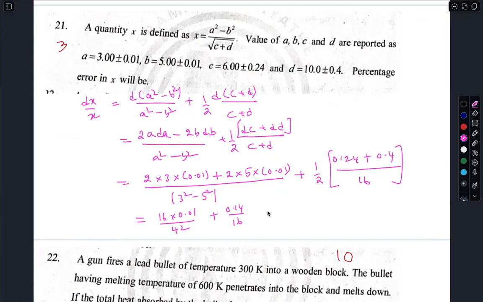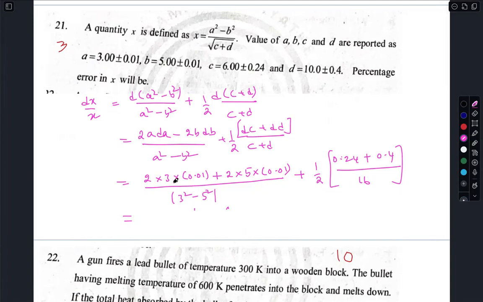They are asking percentage error also, but still this is an integer type question basically. 16 by 42 plus 14 by 16 percentage. Let me calculate once. Till this point I am very clear.